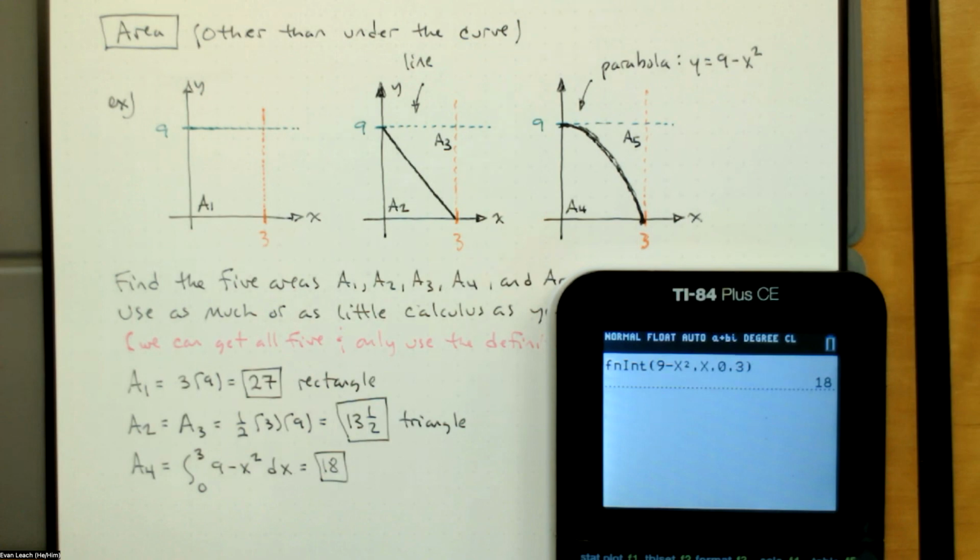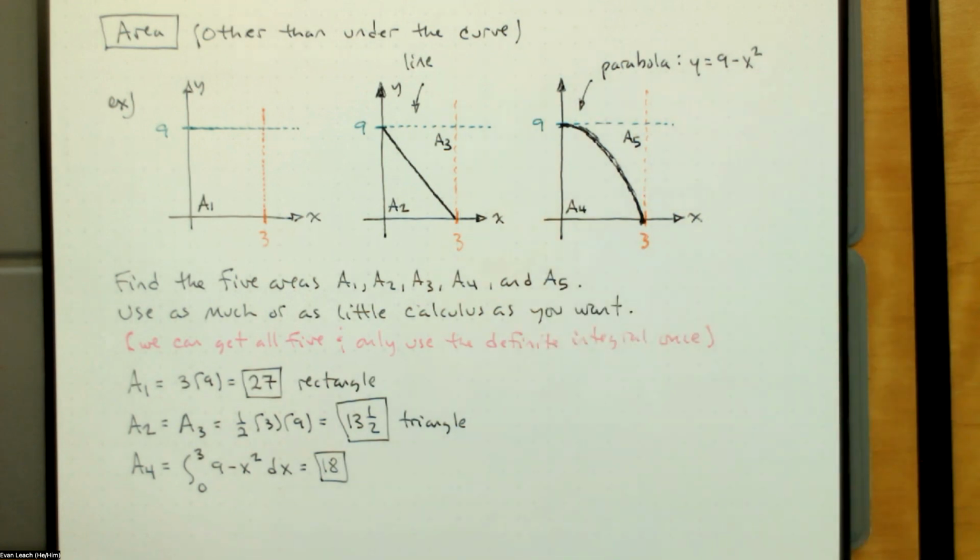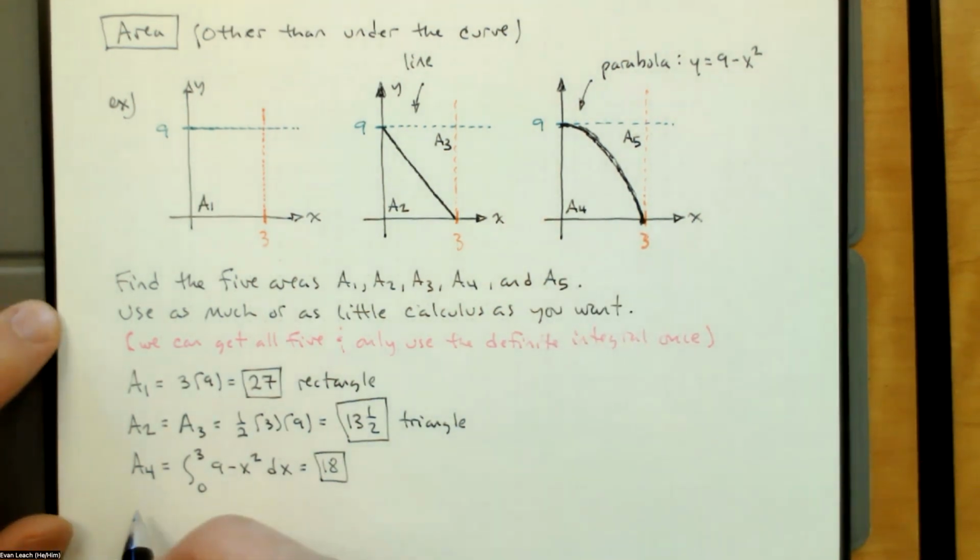Now that I know that the area A4 is 18, I don't have to calculate anything fancy for the area A5. I just have to subtract. I know this is 18 out of the box. So for A5, I'm just going to take the area of the rectangle and subtract the area under the curve.